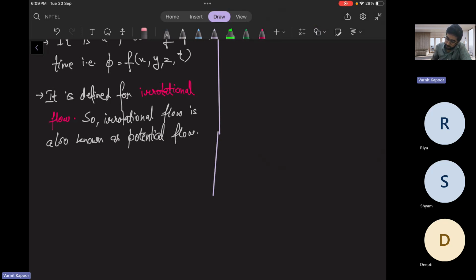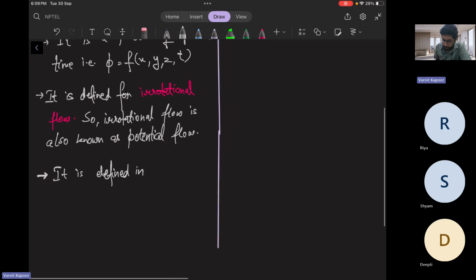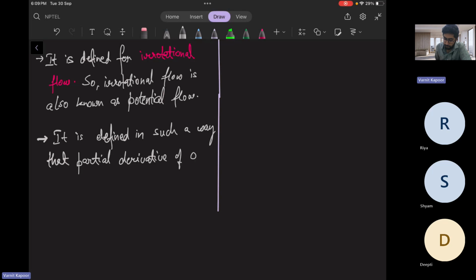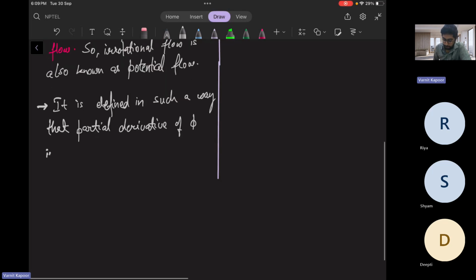I'll extend this dividing line. It is defined in such a way that the partial derivative of phi in a particular direction gives the velocity component in that direction.